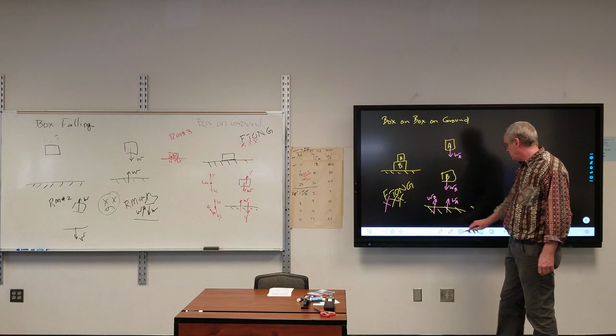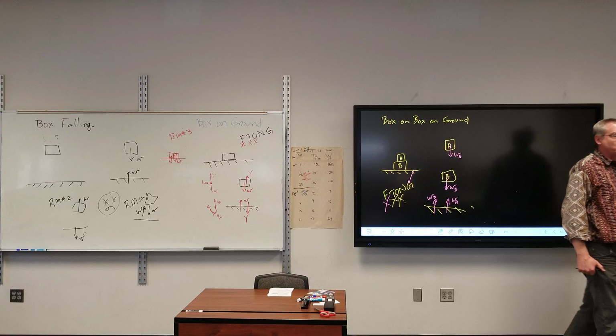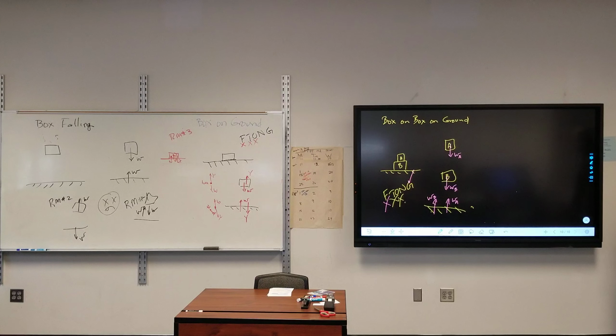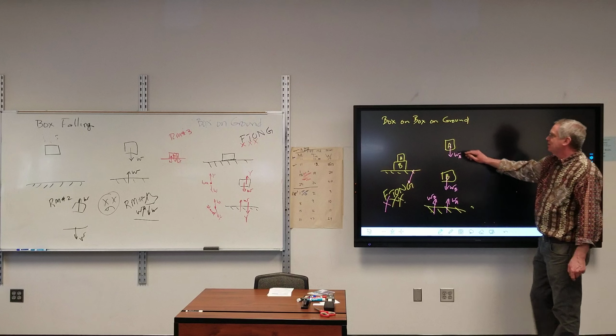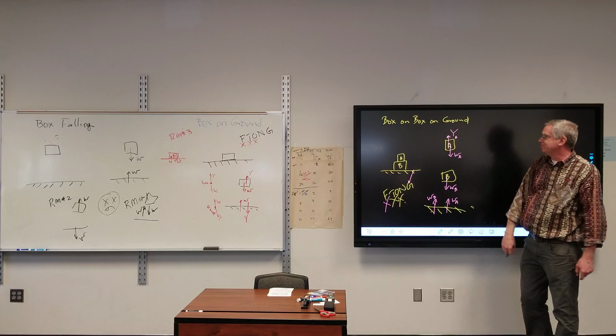Normal force. What is pushing on what? Box B is pushing up on box A. All right, box B is pushing up on box A, so I draw my arrow, just as he said it, up on box A, and put a little y sub A there.